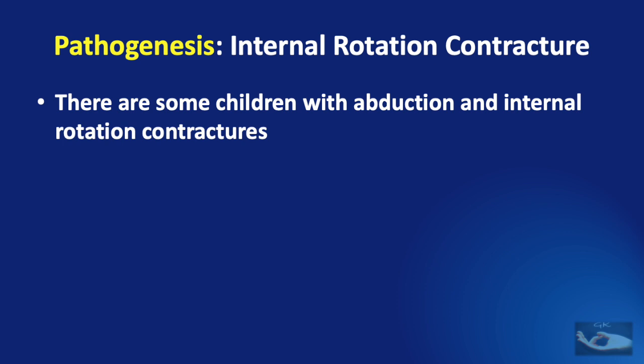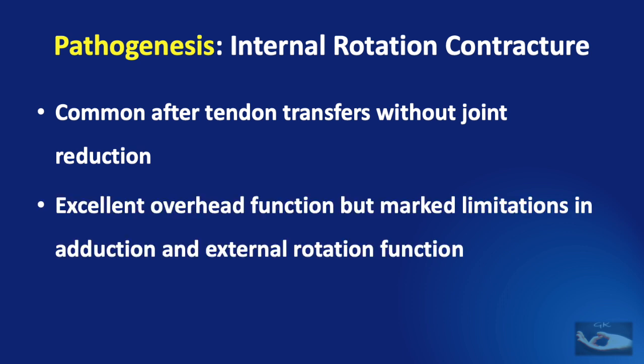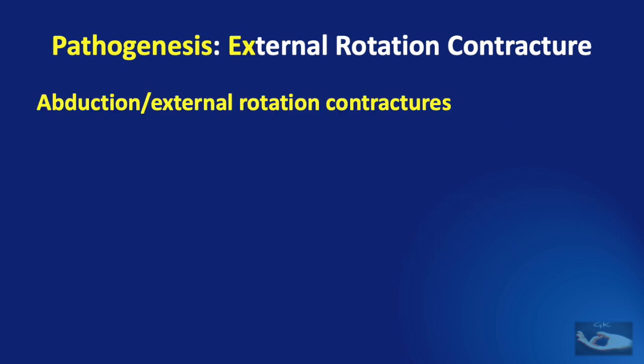We may find some children with abduction and internal rotation contractures. Such a problem occurs when tendon transfers have been done without a joint reduction. These children will have excellent overhead function but marked limitations in adduction and external rotation function. There is yet another type of contracture that can develop, the external rotation contracture or the abduction and external rotation contracture.